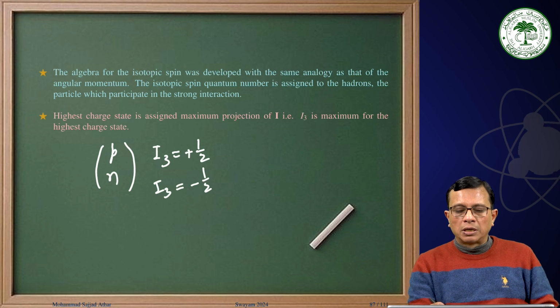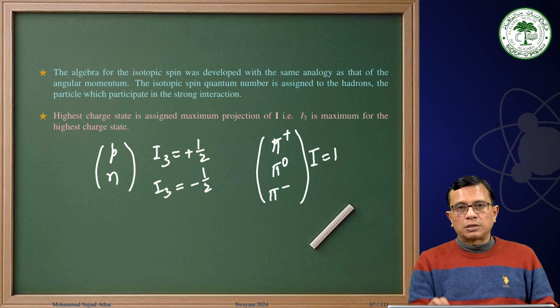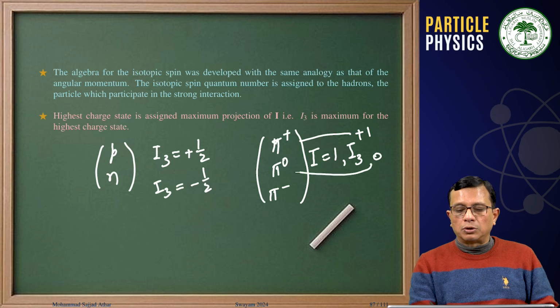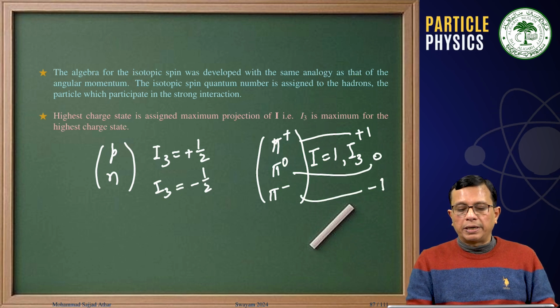If I talk about pi plus, pi 0 and pi minus, then the highest charge state is given the maximum projection. This is a triplet, therefore I is 1 for the triplet, and I3 will be plus 1 for pi plus, 0 for pi 0, and minus 1 for pi minus.